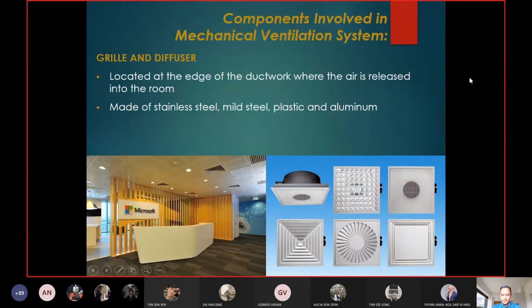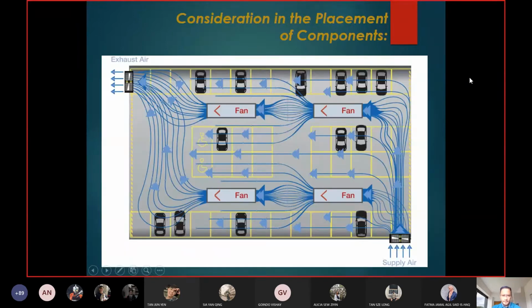Okay. Oh, sorry. There are a few more slides. Okay. So this is some consideration, some things that you need to consider when you want to place the mechanical ventilation. Okay, whether you want to place the fan or you want to put the ductworks.